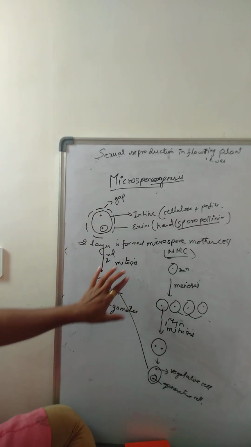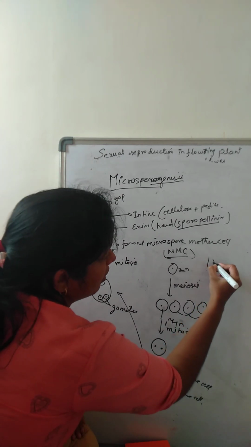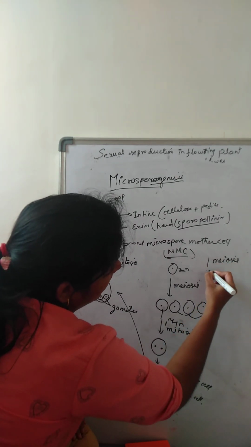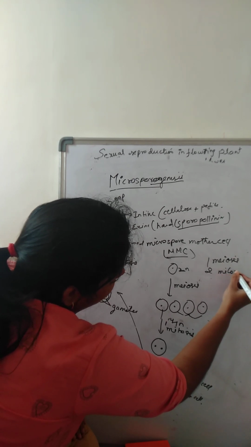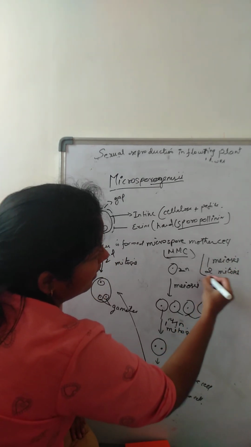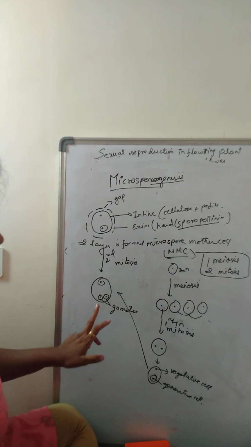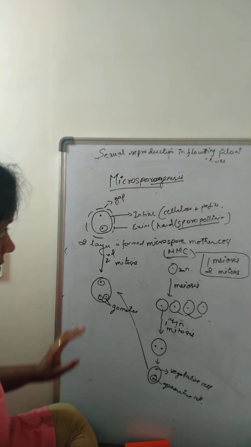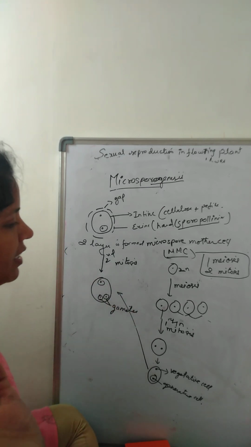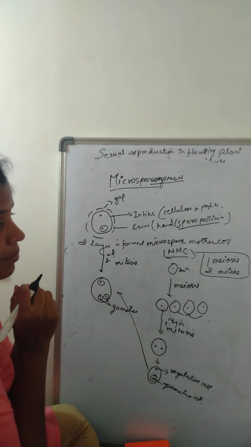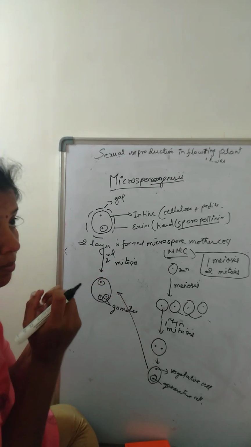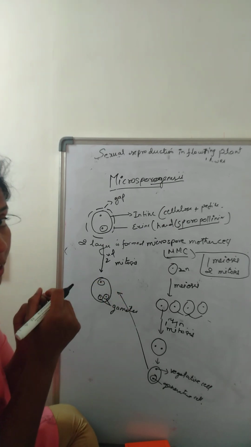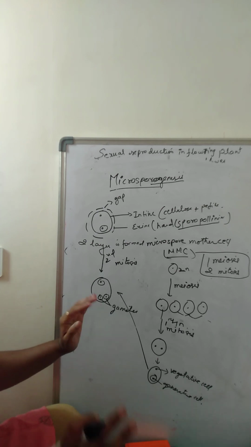Now here, if you see, one meiosis and two mitoses happen. So our male gamete is ready. Now it is ready to accept the female.